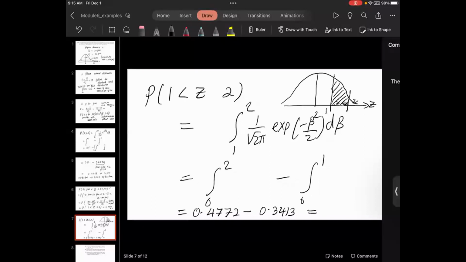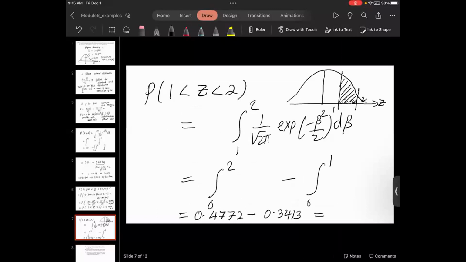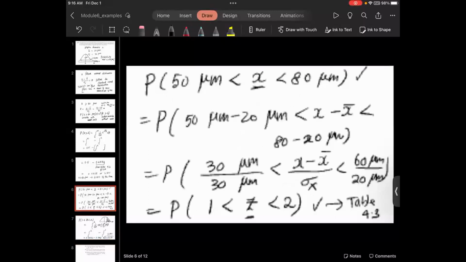Yeah, okay. So that is 9 minus 1, 7 minus 4, 7 minus 3, 1. So that is 13.59%. So about 13.5% of the time, z is between 1 and 2, or in other words of the original problem, x, the diameter, is between 50 microns and 80 microns.